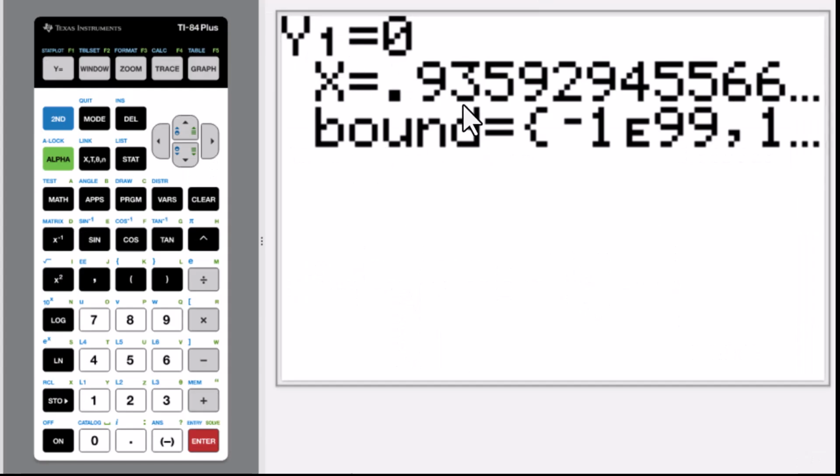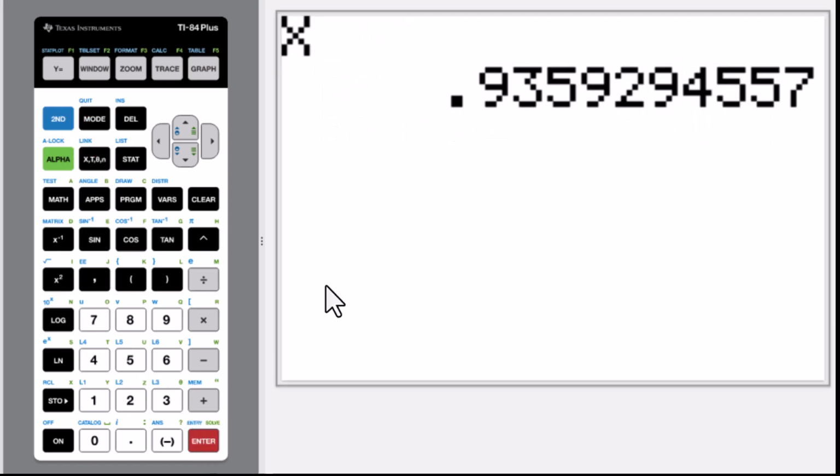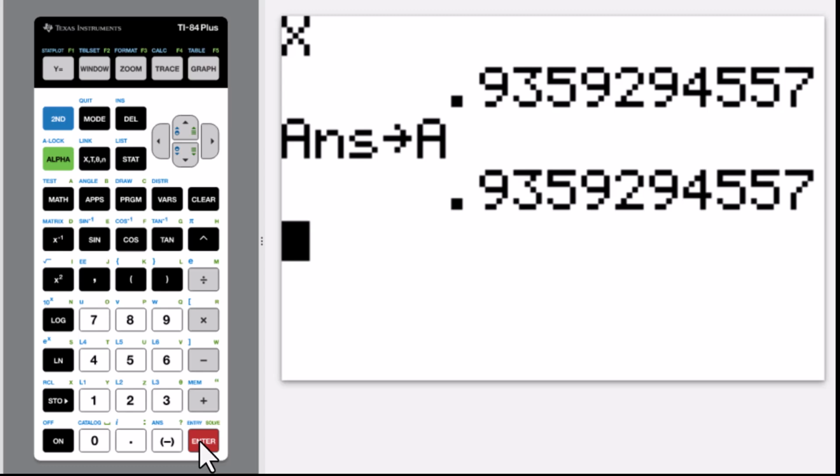For this TI-84, we know this x is theta. So quit. Type x, enter. It gives you the value of theta. We also need to store into A. Alpha math is A. Enter.